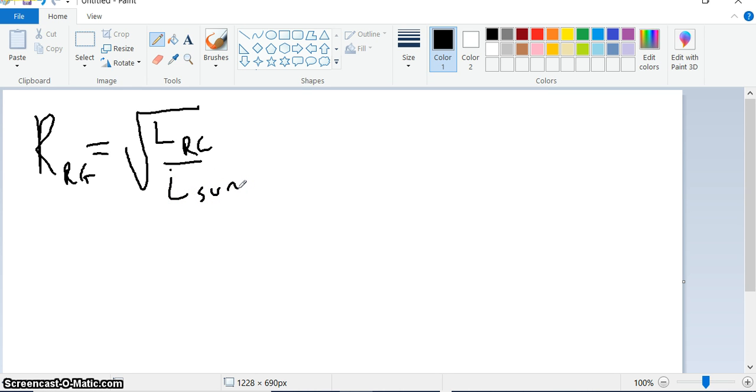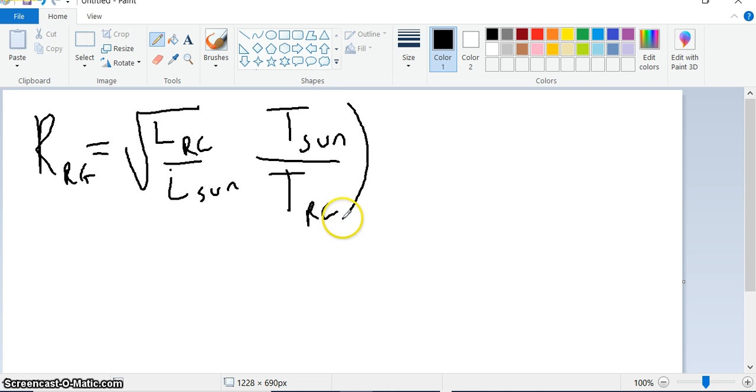Remember, the luminosity of our sun is 1, and we always get the luminosity of other stars compared to the sun. Then the temperature of the sun, 6,000, divided by the temperature of the red giant, to the 4th power, squared, because we have to take the square root. So that's it.